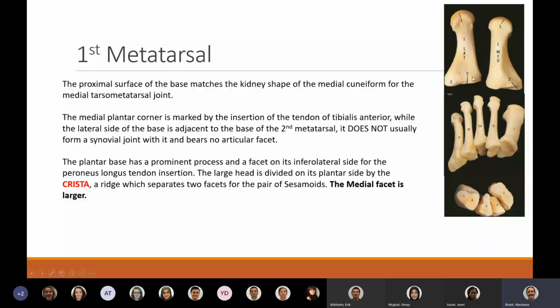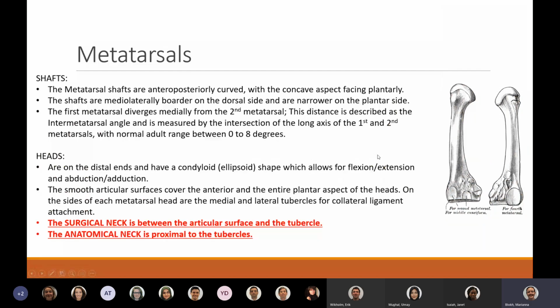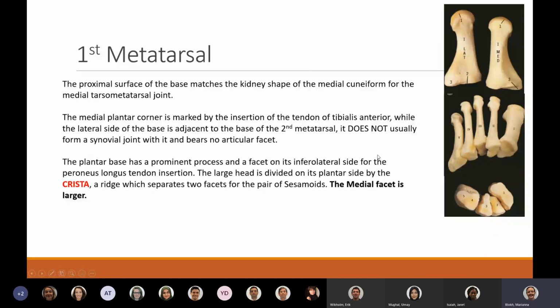Laterally, the base of the first metatarsal is adjacent to the base of the second metatarsal. But usually it does not form a synovial joint with it. Doesn't mean 100%, but usually it does not, and it bears no articular facet. So that's something else they may ask. Another thing is that the metatarsal head of the first metatarsal has the crista, right, which separates the two facets for the sesamoids.